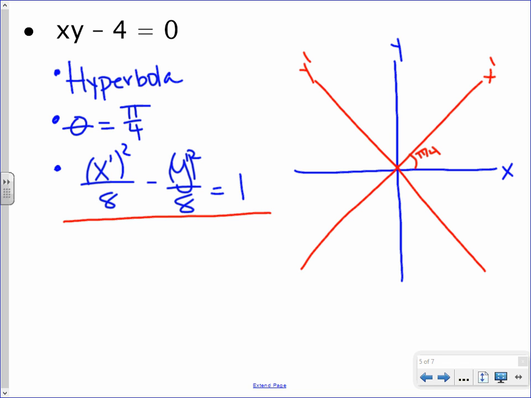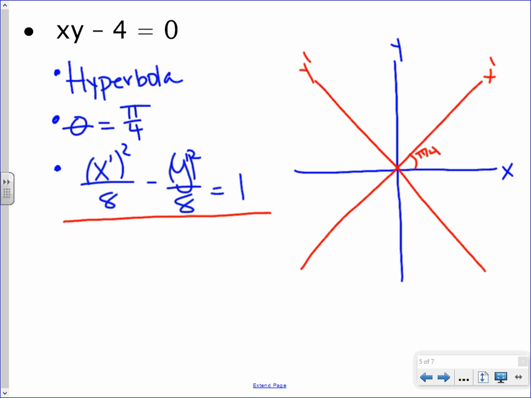I actually would prefer you to do it like this, so that when you look at your paper, you see a tilted conic. Does that make sense? Now you can use graph paper, you just can't use the grids. We're turning all of them that way.